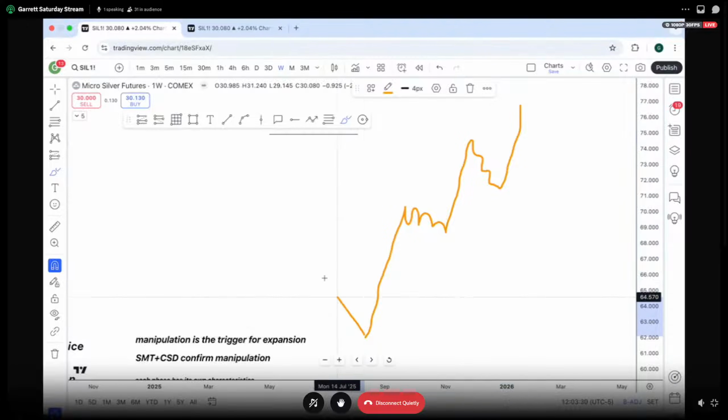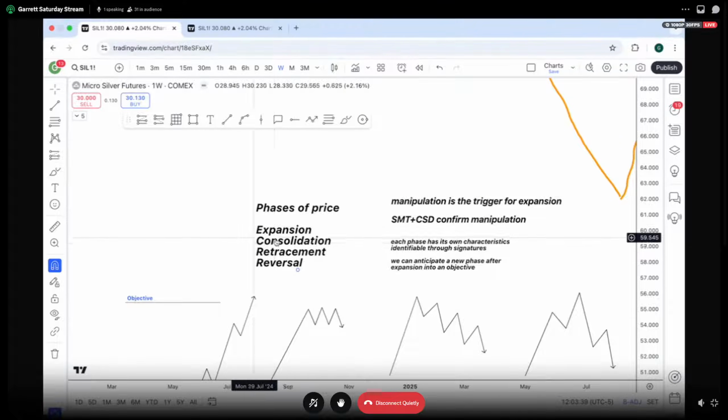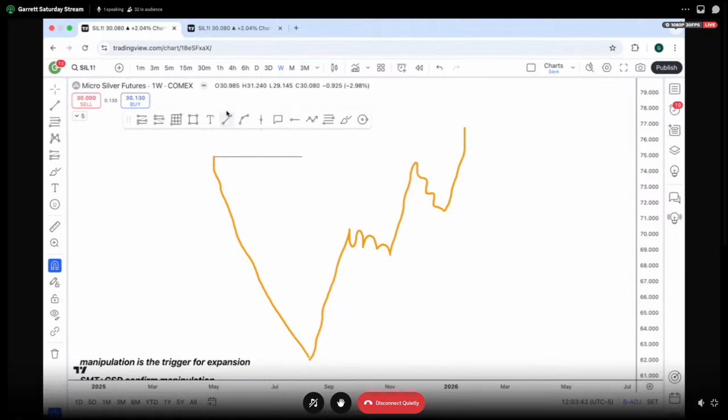If this is our target, you want to see these continuation signatures on the right side of the curve. Retracement and consolidation are both continuation signatures, meaning it's not going to reverse from this low resistance, this accumulation, all this low resistance that's built. Price doesn't typically reverse from low resistance. We usually create some sort of high resistance and then expand towards these highs. So they're looked at as continuation signatures.